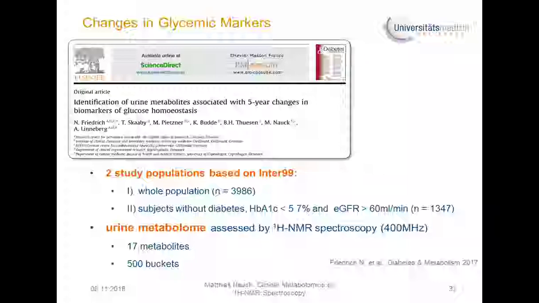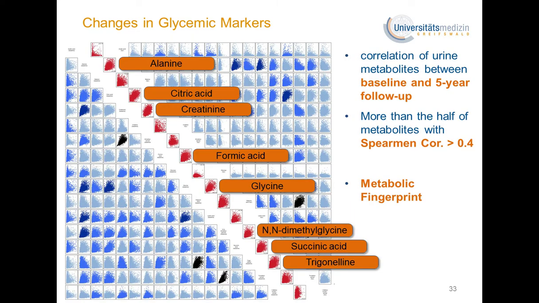And within the Inter-99 study, we have two subgroups. On the one hand, the whole population with nearly 4,000 probands. On the other, the subgroup with no signs of diabetes mellitus, with a number of around 1,350.